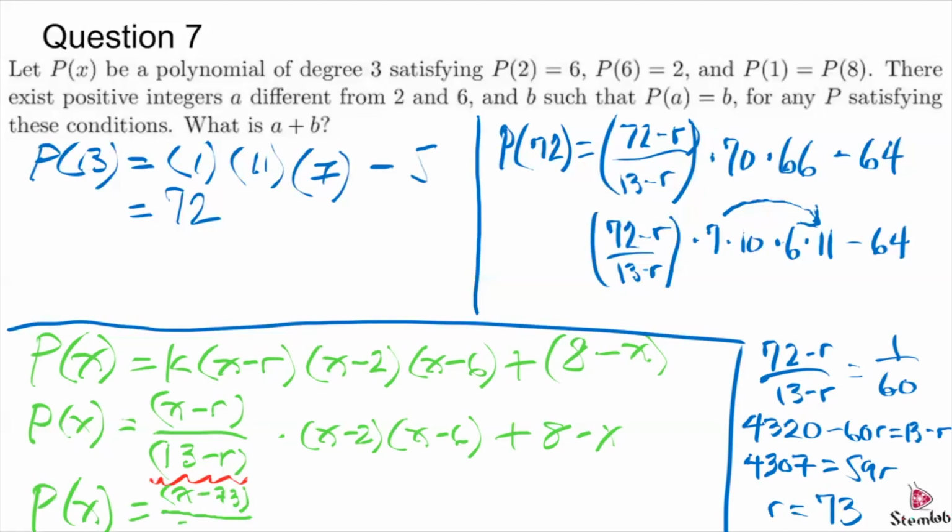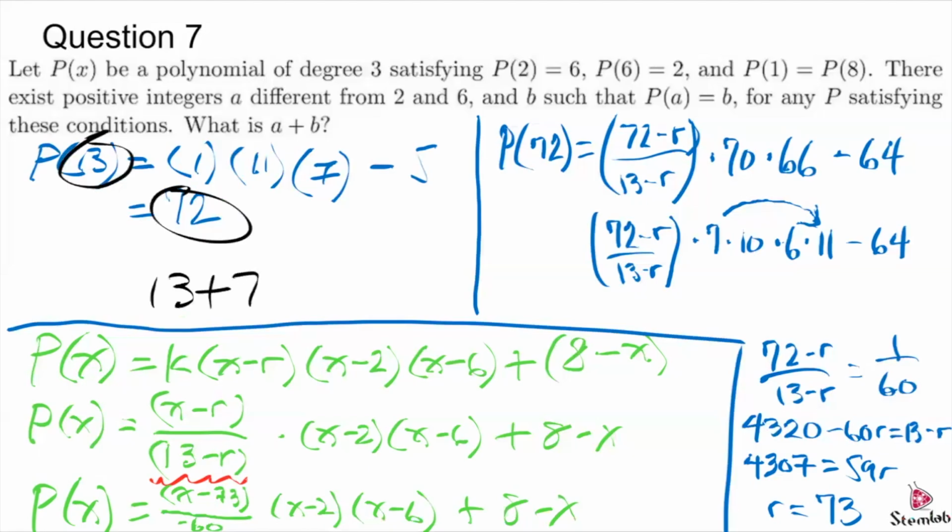So that's actually our constant, times x minus 2 times x minus 6 plus 8 minus x. So we found p of x, so therefore we know that the two different positive integers that can swap, just like 2 and 6, are actually 72 and 13. Okay, so yes, the answer is indeed 13 plus 72 equals 85.